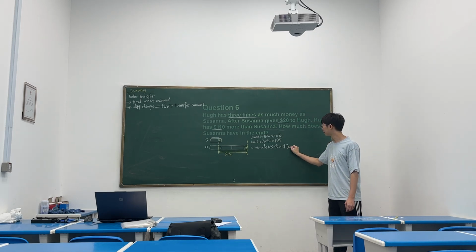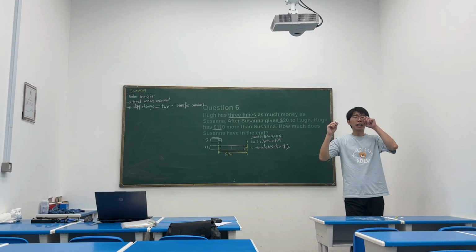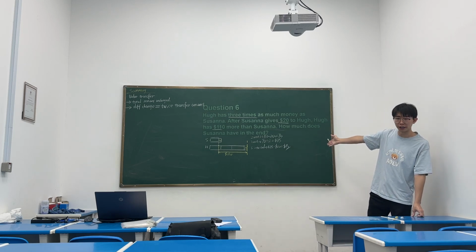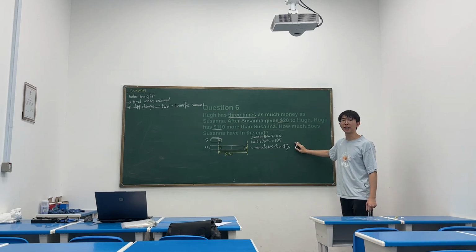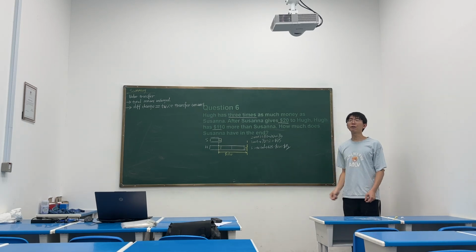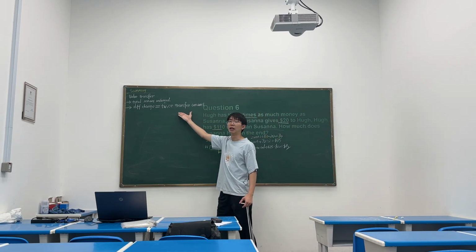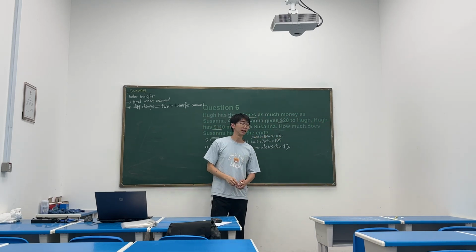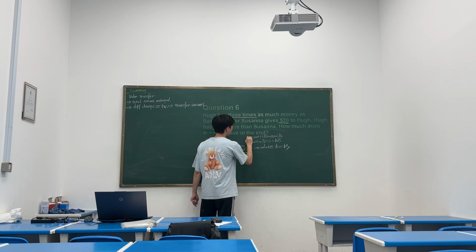So that is the answer. This is the most common way to solve this type of question because we draw the models, right? Now let's see how we can apply the previous conclusion to solve this question. Now let's call this method 1.